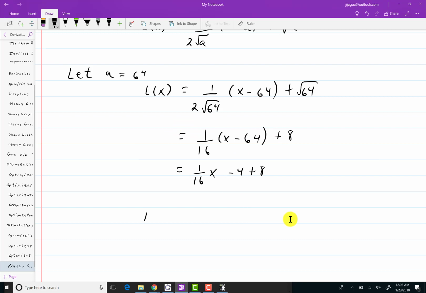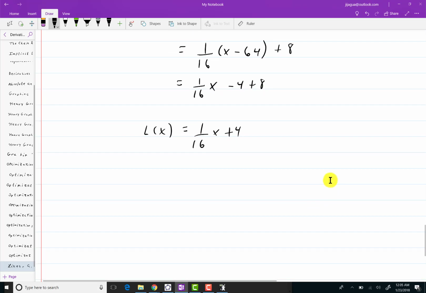My L of x equals 1/16 x plus 4. This is a lot easier to calculate than to actually try to do the square root of 65 by hand.